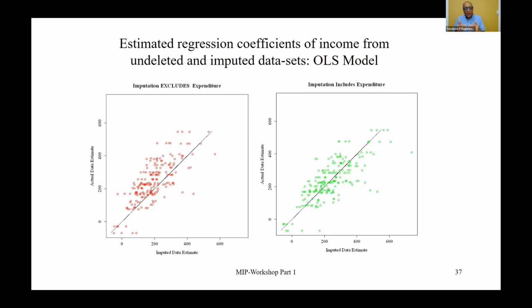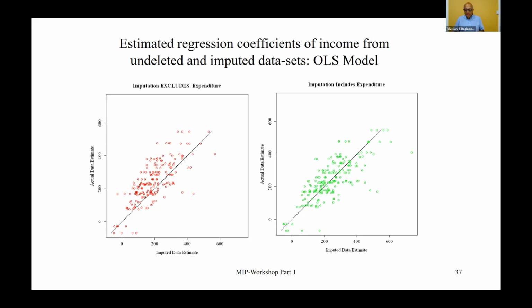So that's why in the imputation process, you want to make sure that you are conditioning on every variable that is available in order to maintain all the relationships in the data set. The imputation process, by including the expenditure, maintains the relationship that is observed in the data in the imputed values as well.